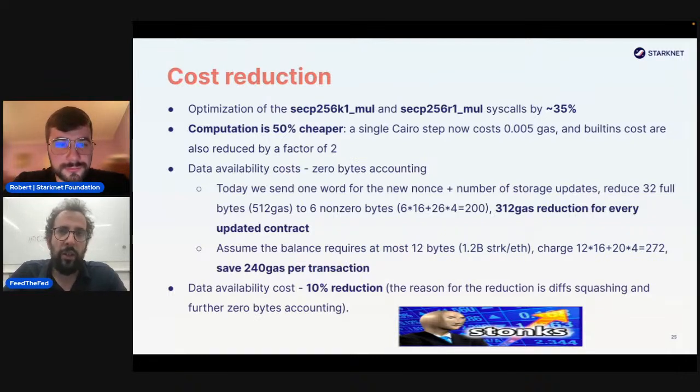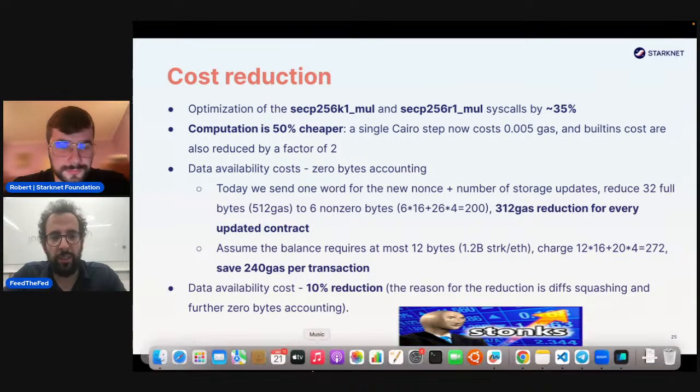Maybe in the future we will have some mechanism that allows splitting the cost between those who participated in actually changing this, but today there is no after the fact reimbursement mechanism. So the simple way that empirically looked like it takes care of this scenario was to say, okay, overall 10% cost reduction for all data availability costs on top of the above fixed improvements.